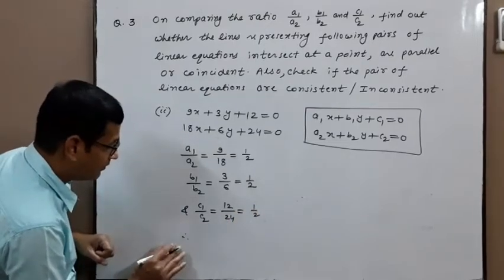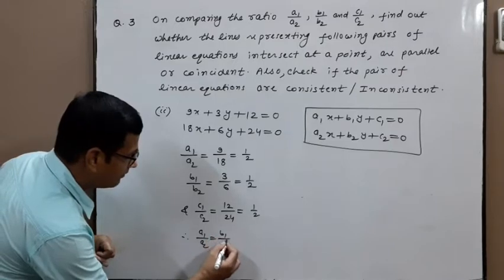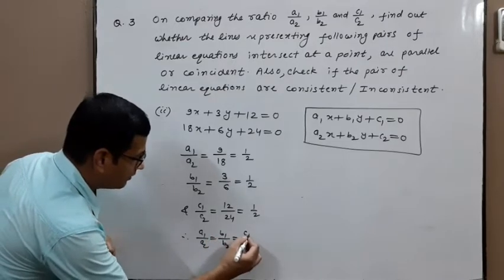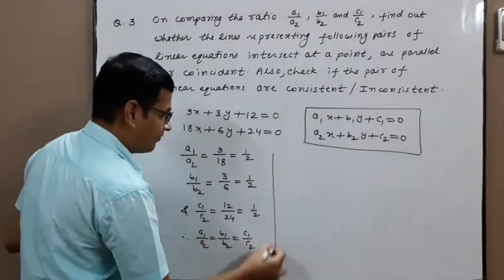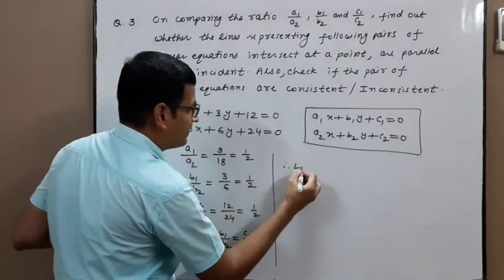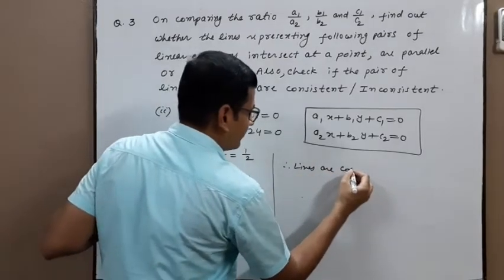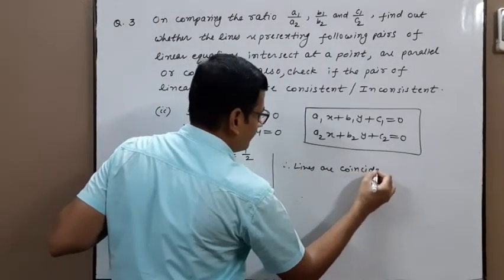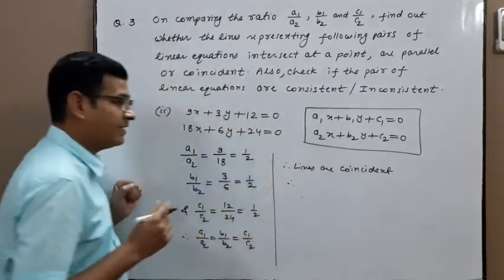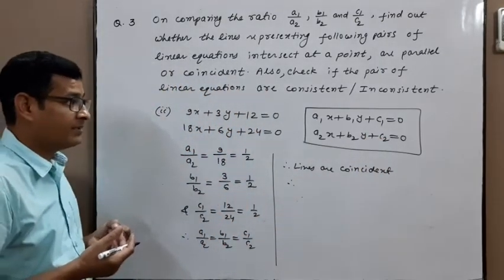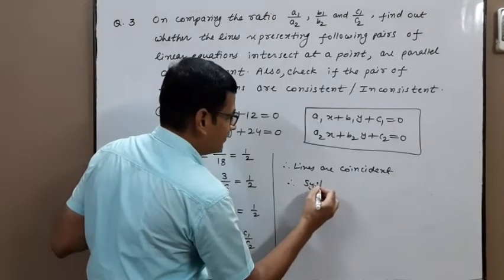So therefore, a1 upon a2 is equal to b1 upon b2 equal to c1 upon c2. Therefore, the lines are coincident. Therefore, infinitely many solutions are there. It means the system is consistent.